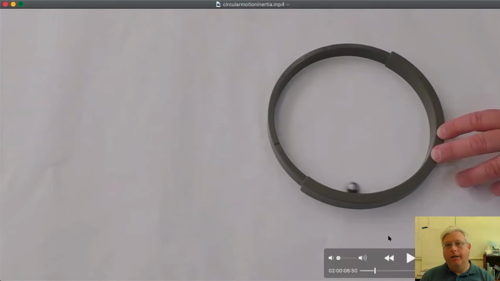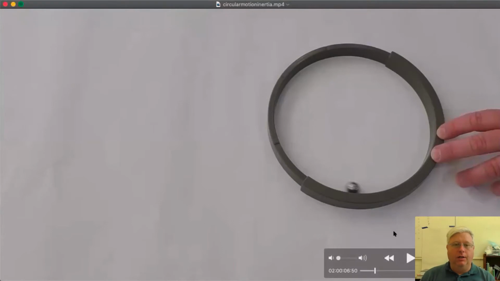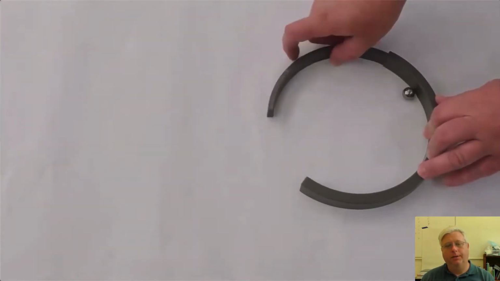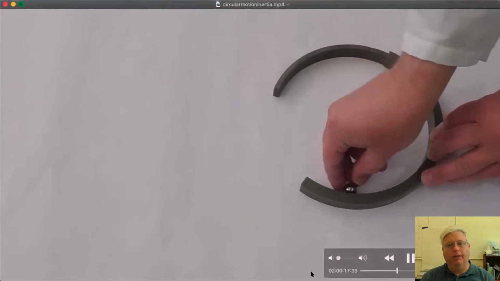But if that force was removed, if I were spinning that ball on the table and the string broke, what would happen to the tennis ball? If part of this wall wasn't here, what would happen? Well, this is a special demonstration where I could take apart this wall. So I'm going to open it up, and then we're going to see what happens.